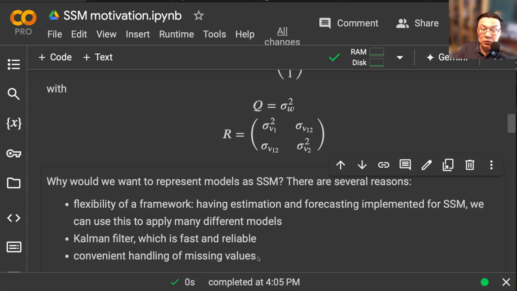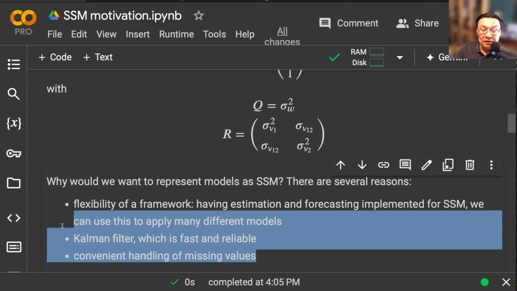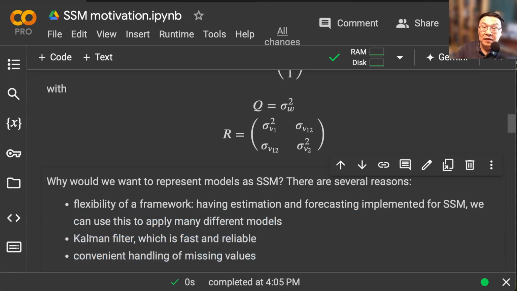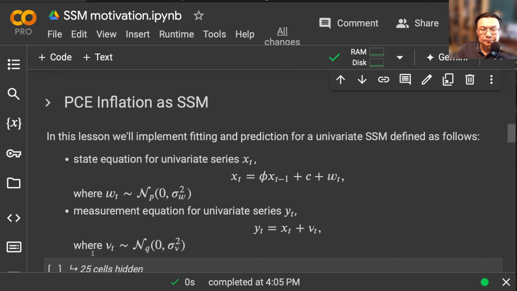That's a big issue in economics. We always have some missing values here and there. So we will see that by converting our favorite time series models such as ARIMA into a state space model, we are not only reusing some code which was written for state space models, but we are also using the advantages of this fast Kalman filter and missing value handling.